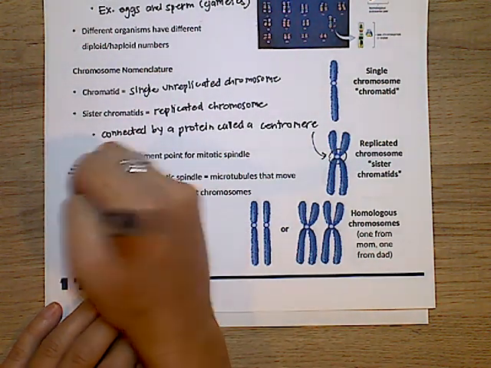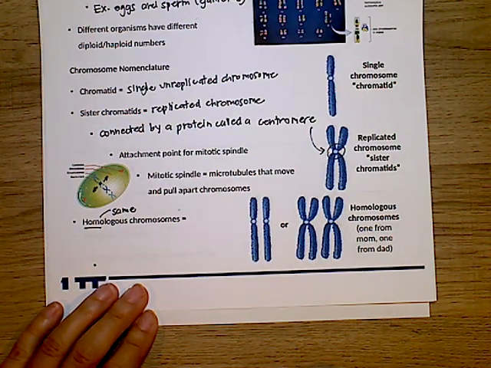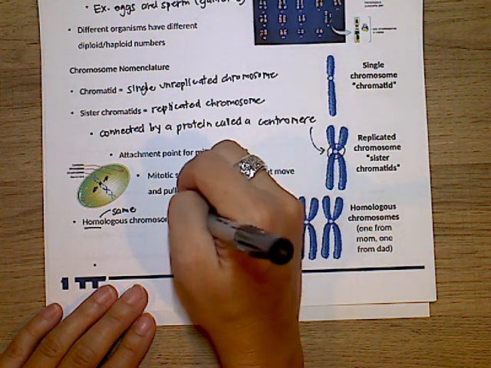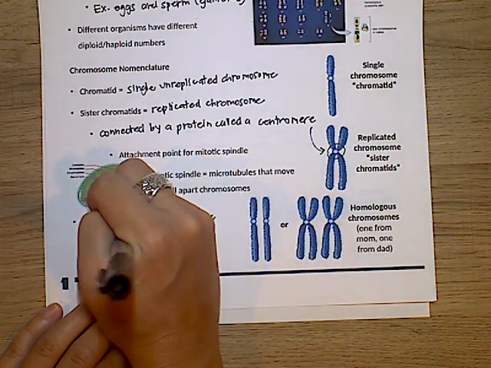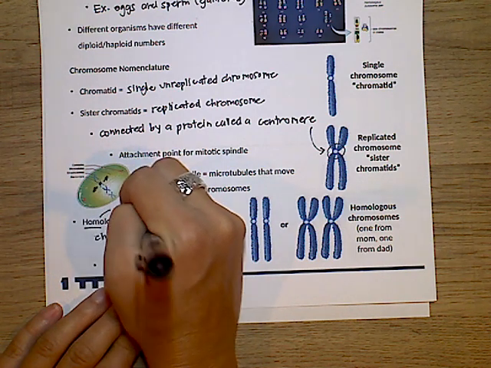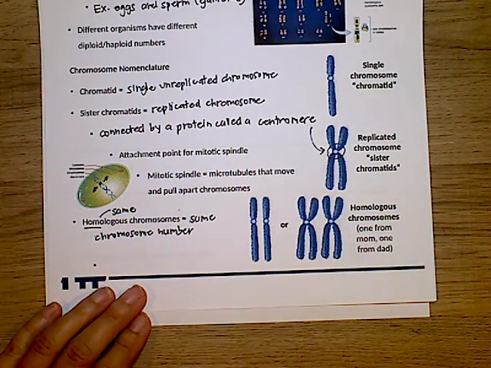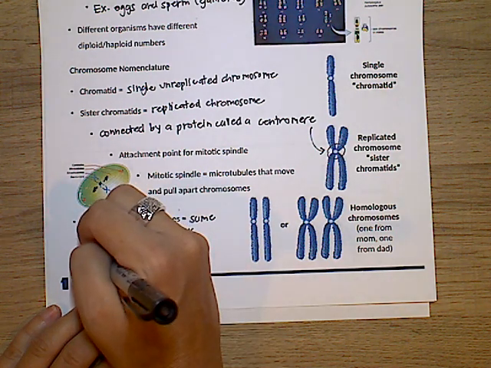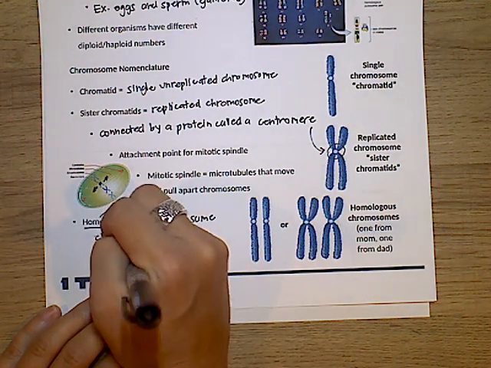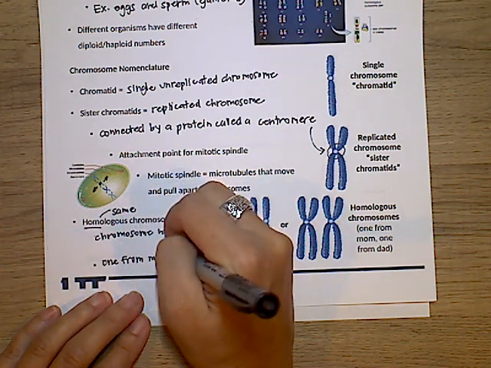Homologous chromosomes, if you see homo, that means same. So they have the same chromosome number in the karyotype. And again, you get one from mom, one from dad.